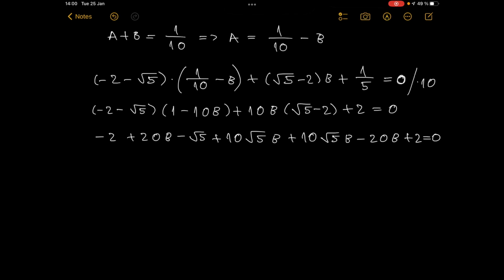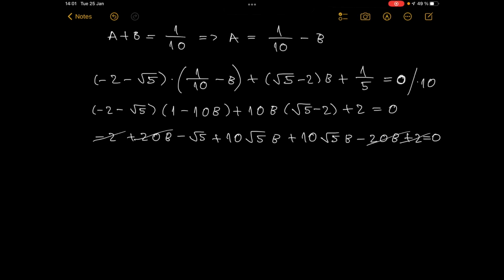So we'll get here that minus 2 plus 20b minus square root of 5 plus 10 root of 5b plus 10 root of 5b minus 20b. Okay, these two cancel out, as do these two.